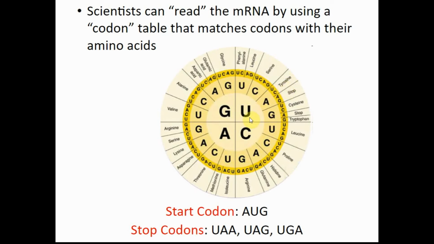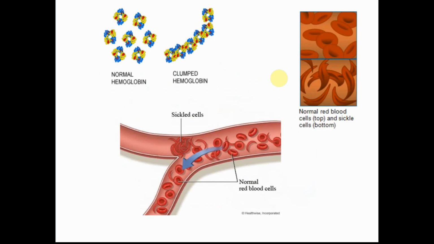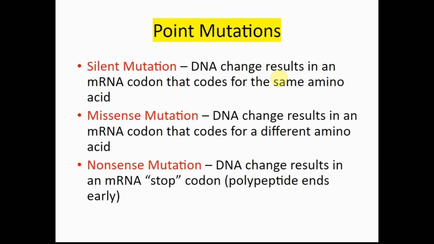Same with if you've got a DNA change that results in your mRNA going from UCU to UCC, you're still going to have the amino acid serine. That's called redundancy in the genetic code, and again, that's a silent mutation because it will not affect the amino acid that's added to the polypeptide chain.